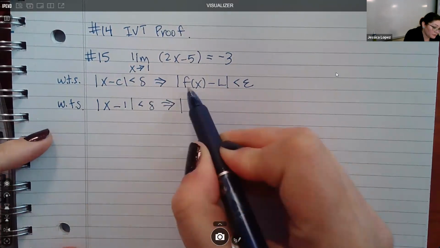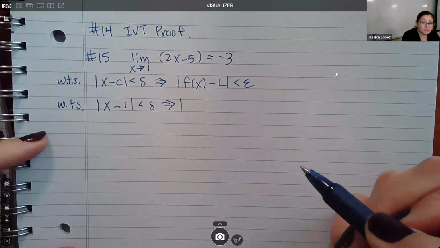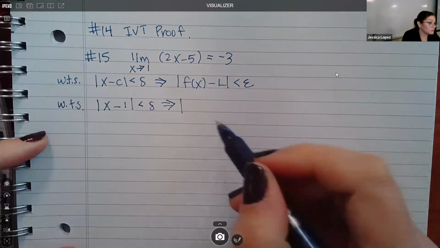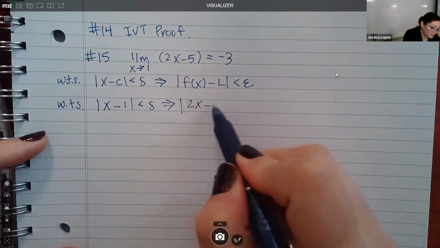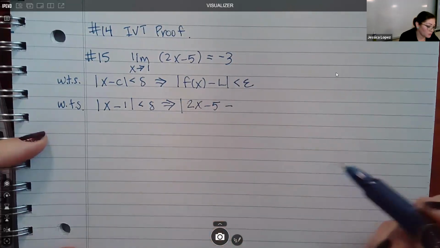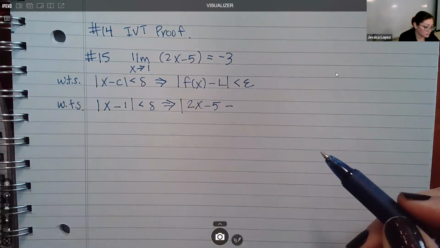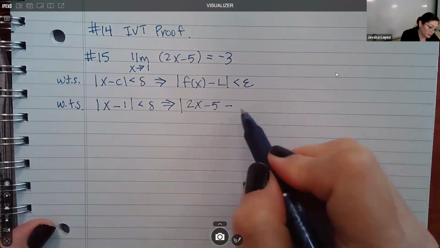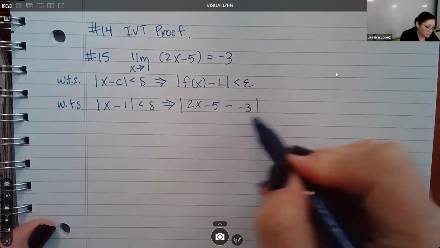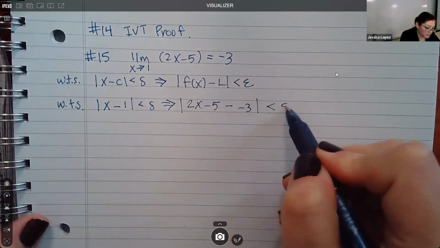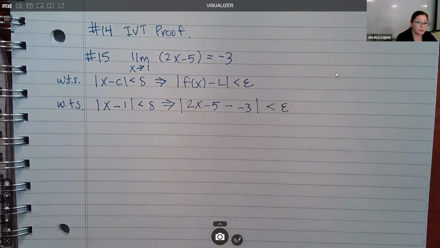And then my f of x, what is that? 2x minus 5. And then what is my L? It's -3. And you could put it in parentheses. I'm going to make it turn into a plus in a minute anyway.